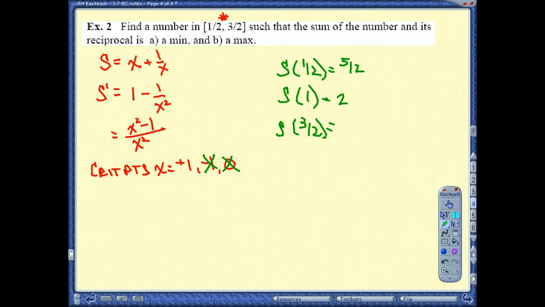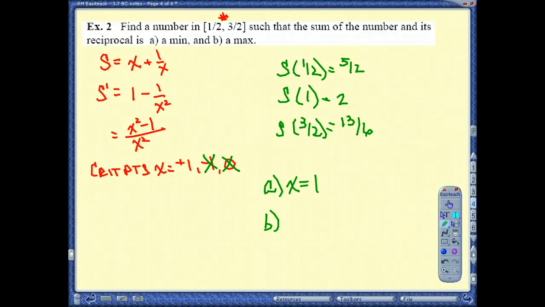When I put in 3/2, I get 13/6. Now they want to know, find a number in that interval such that the sum of the number and its reciprocal is a min, is a max. So they want us to find the number at which that occurs. So I have my minimum. Which one of those values is the smallest? Well, 2 is the smallest, so the number that got us there was x equals 1.